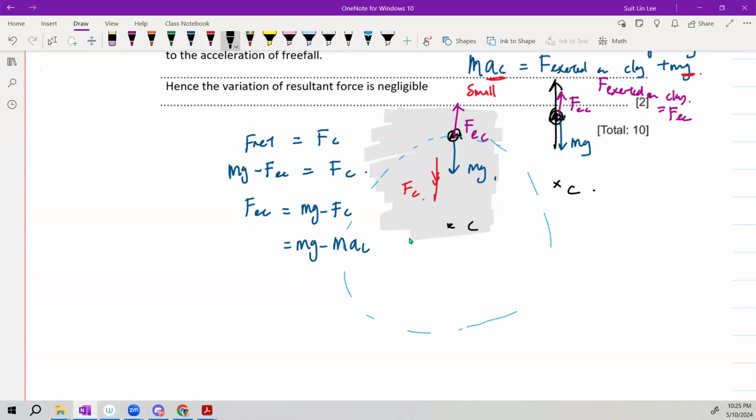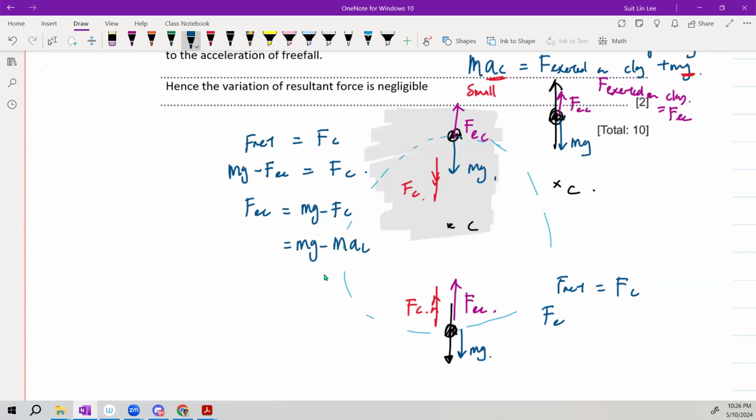Let's compare to the bottom of the circle. Your minute hand is like this. If you compare to the bottom of the circle, weight is still acting downwards, right? But the other force is in this direction. And your resultant force is here. So for this, net force is equal to centripetal force.